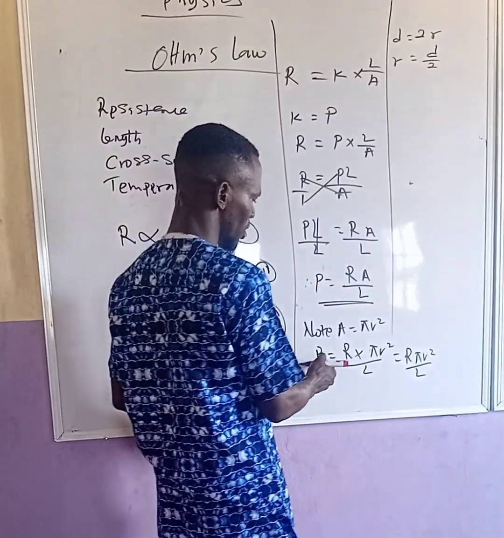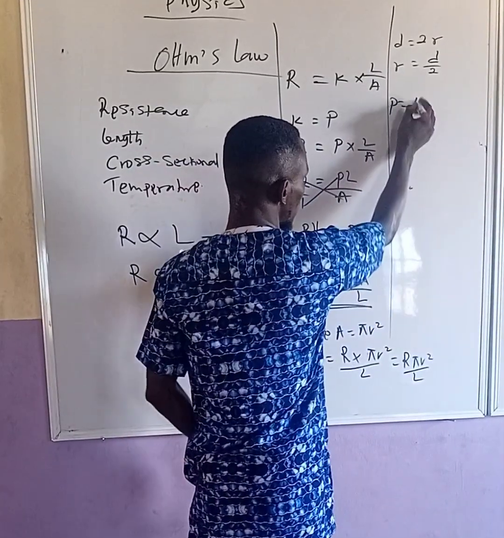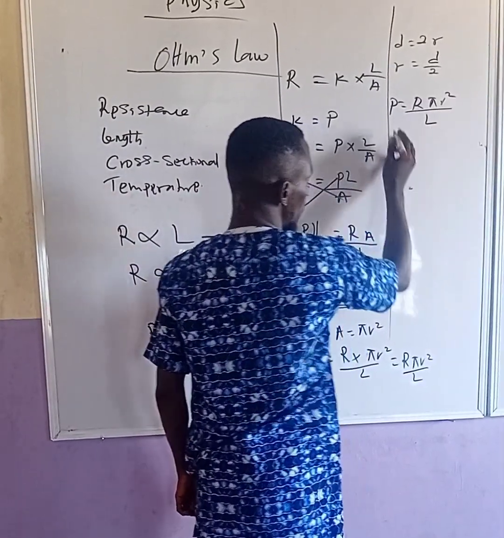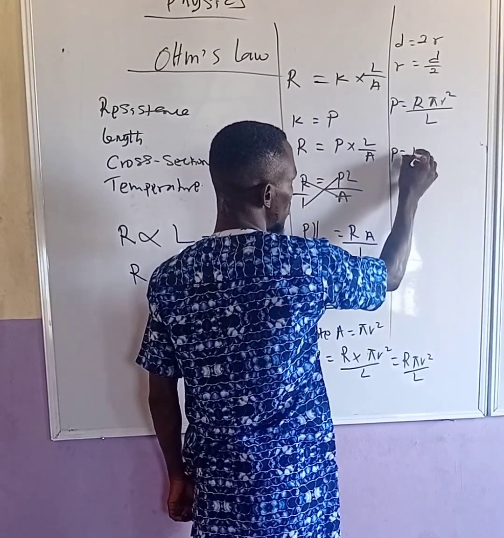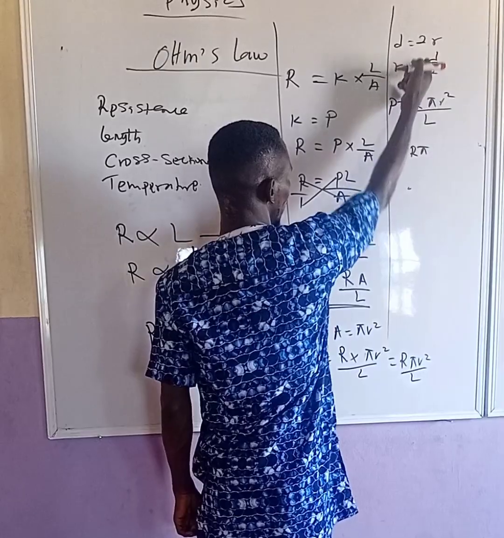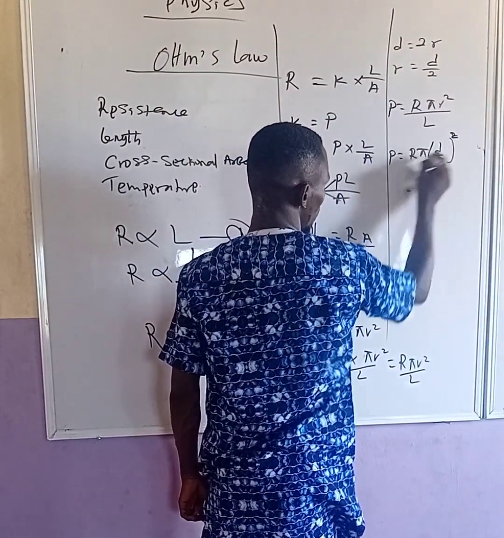So we're going to have resistivity equals resistance times pi r squared over the length. Therefore, resistivity equals resistance times pi, and what's our radius now? That changes to d over 2. We have d over 2, then squared, then over the length.